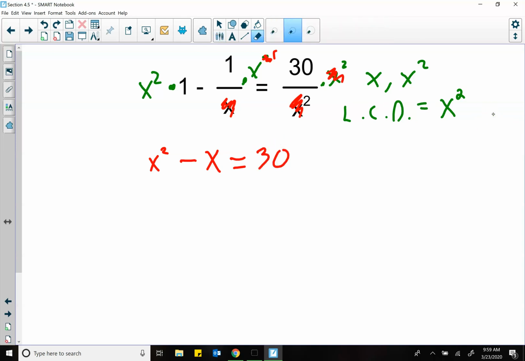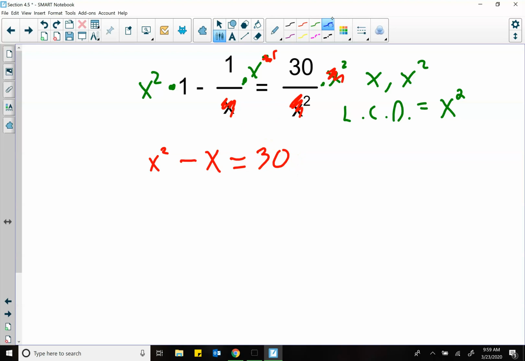Now, hopefully, when you look at this, because this is all we have to solve, your gut is telling you, man, this looks like factoring, because I have an x squared and things like that. And you're absolutely right. Factoring is what we want to do to solve this. Okay? But in order to solve by factoring, you're going to find out that we have to be set equal to 0. So this equal to 30 part is messing us up.